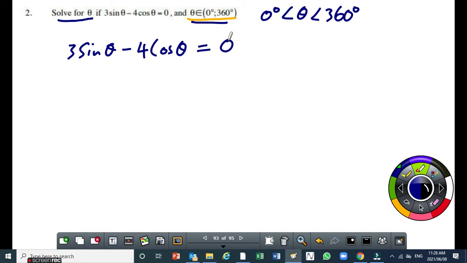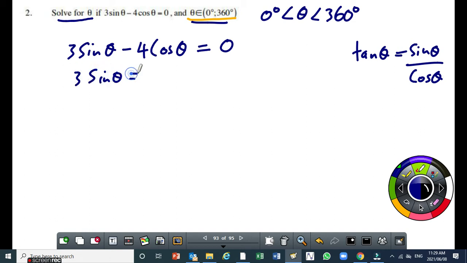You create tan using this identity: tan theta equal to sine theta over cosine of theta. So first thing here, I'll take the minus 4 cos theta to the right. So I'll get 3 sine theta is equal to positive 4 cosine of theta.